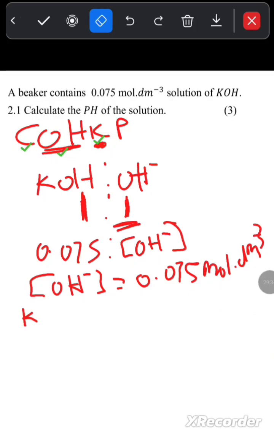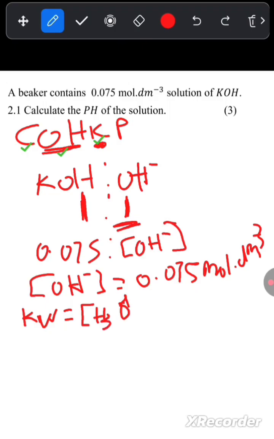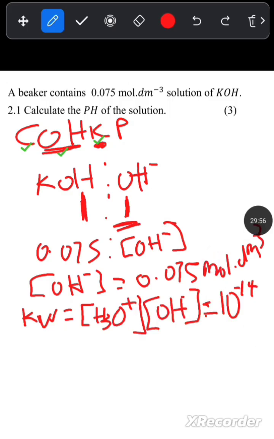Right. So the KW formula says what? It says KW is equal to the concentration of hydronium ions multiplied by the concentration of hydroxide ions. So this is the KW formula.